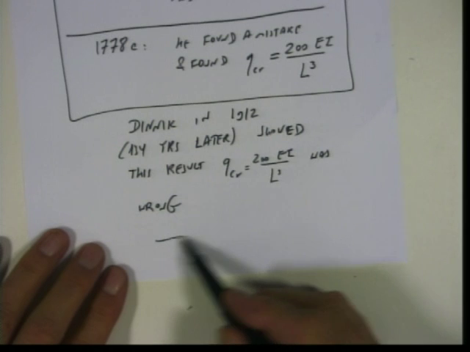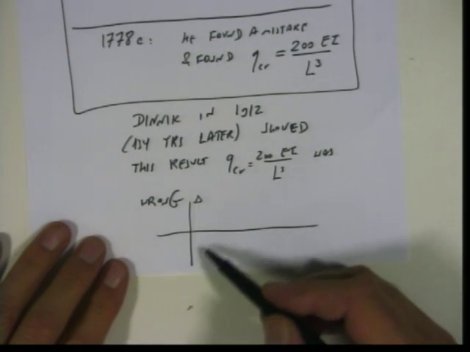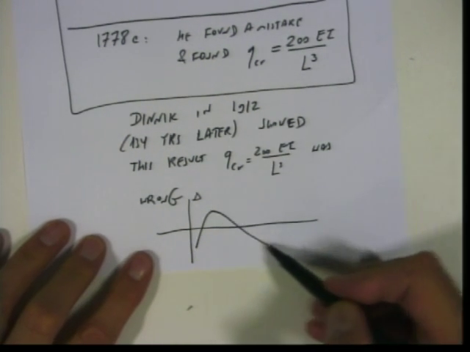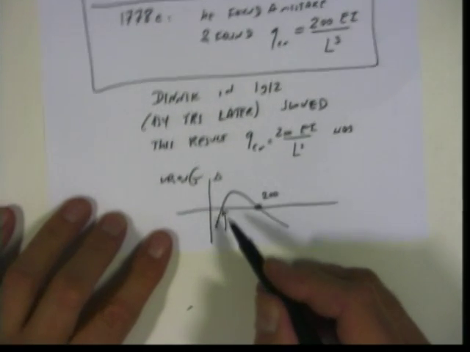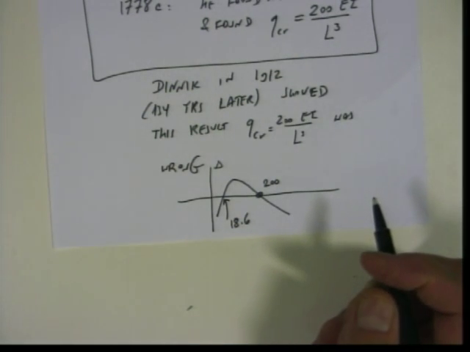Because what happens is that Euler has his determinant and he wants to find the root. So he found the second root, which is 200, but did not find this 18.6 root.